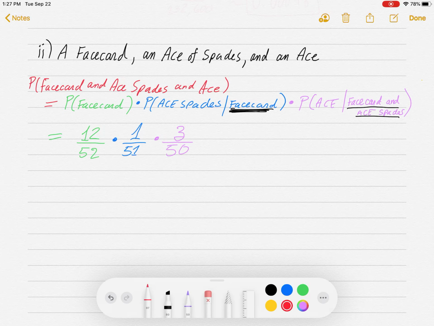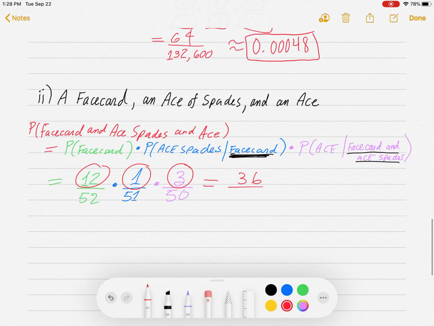You multiply these together. The tops multiply together. 12 times 1 times 3, that's 36. And we know what the bottoms multiply to be. 52 times 51 times 50, 132,600.